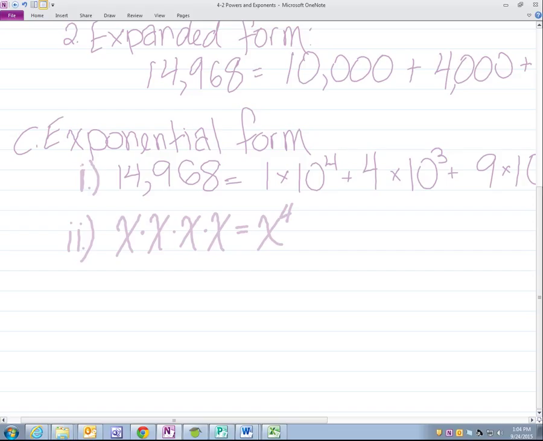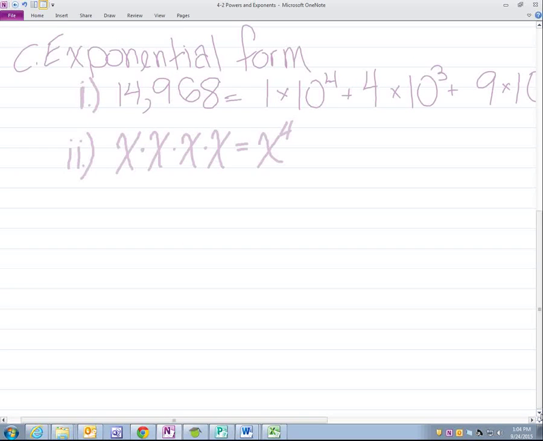The exponential form of x times x times x times x would be x to the fourth, because there are 4 x's being multiplied together 4 times. Not to be confused with x plus x plus x plus x. That's different. If I asked you to make this into exponential form, what would you put there?